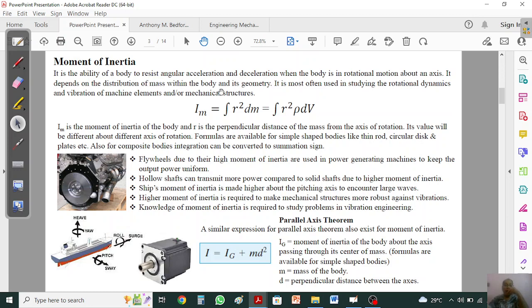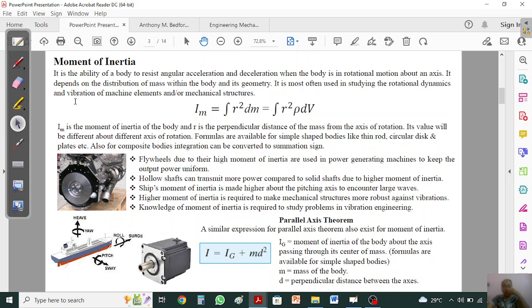Second moment of area is used in structure design and in mechanical components. When we design civil structures, we use it a lot. In column design, we use it. But moment of inertia is basically a dynamic quantity. It is used in rotational dynamics, in mechanical structure components, and also in vibration.